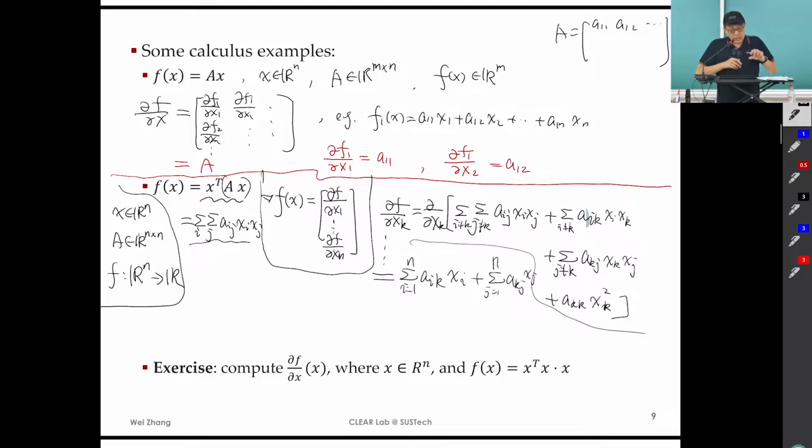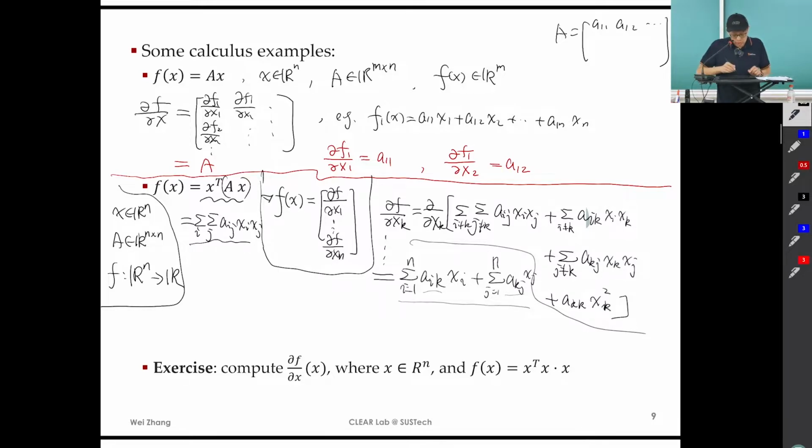Okay, so that's the k-th element of the gradient, like this. Think about this as the k-th column of A. This is the k-th row of A.